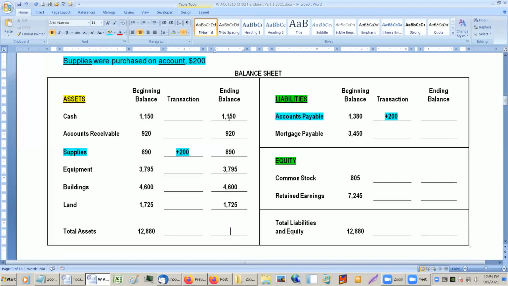Okay, add these up. Now, as you can imagine, it should be $200 higher, right? We have $200 more of supplies, nothing else in here. So let's check and make sure that does happen.